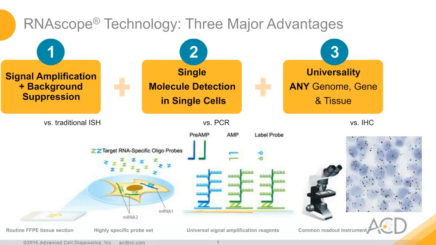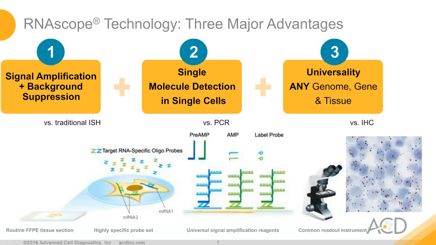The technology behind the RNAscope assay has three main advantages over conventional gene expression analysis methods. One, it generates very high signal amplification with suppression of background compared to traditional RNA-ISH. Two, it can detect single RNA molecules in single cells with morphological context, unlike random bind methods such as PCR.